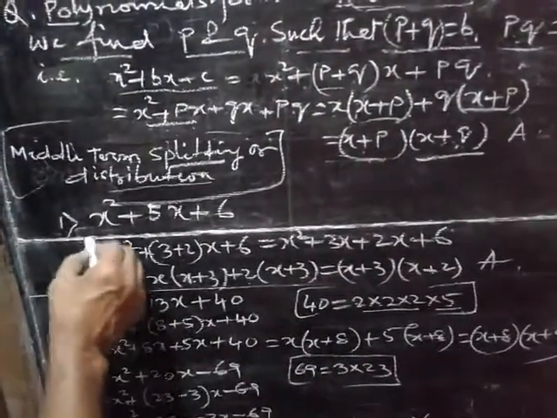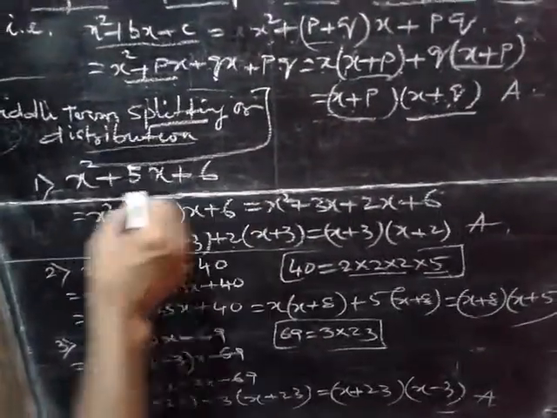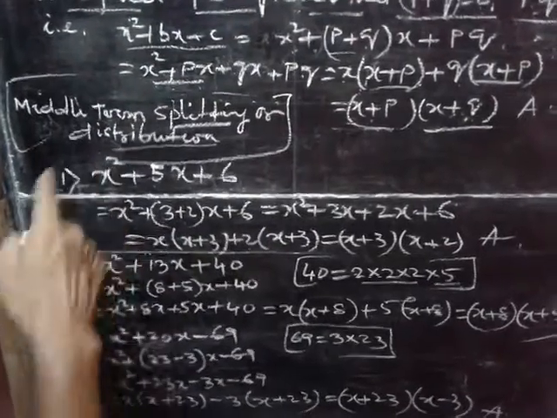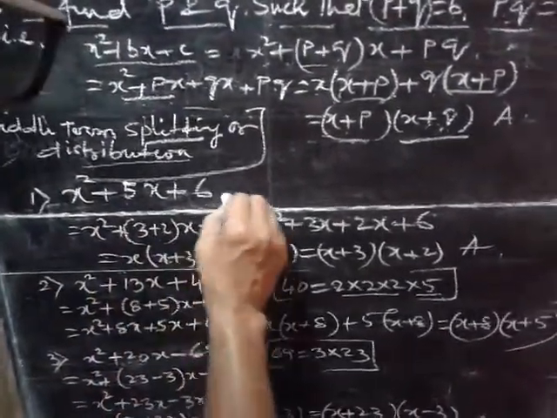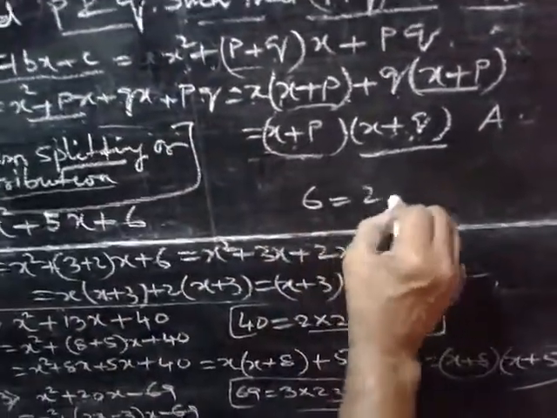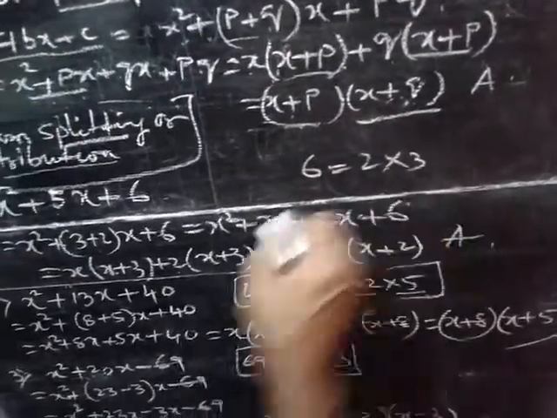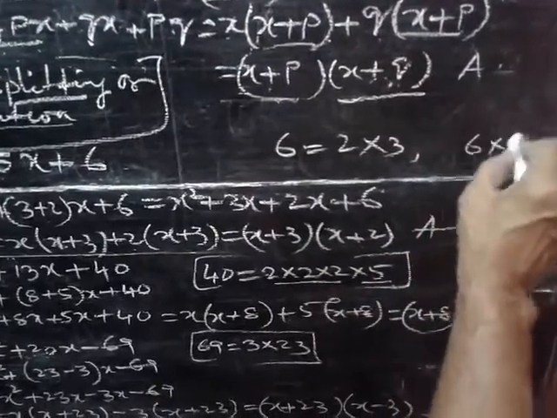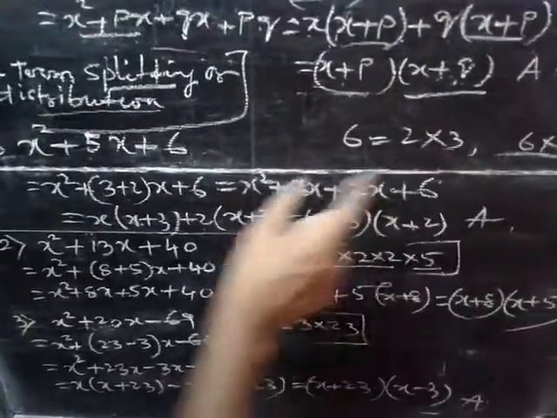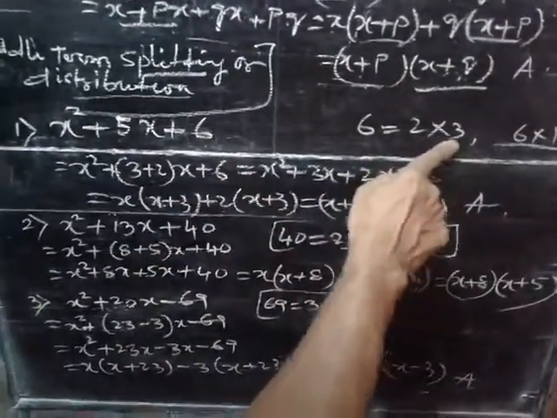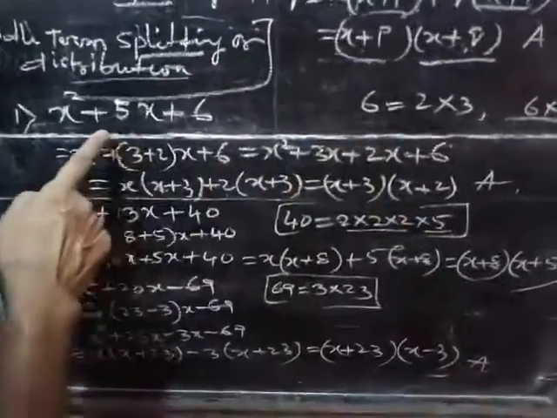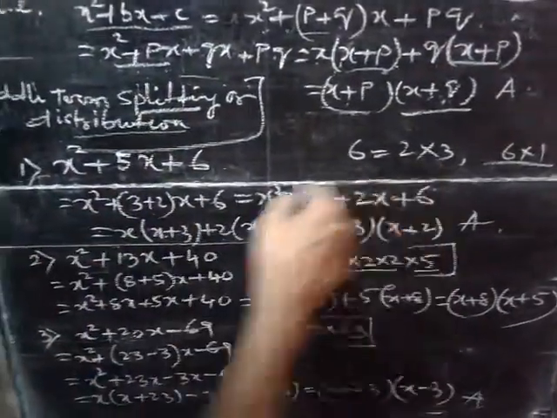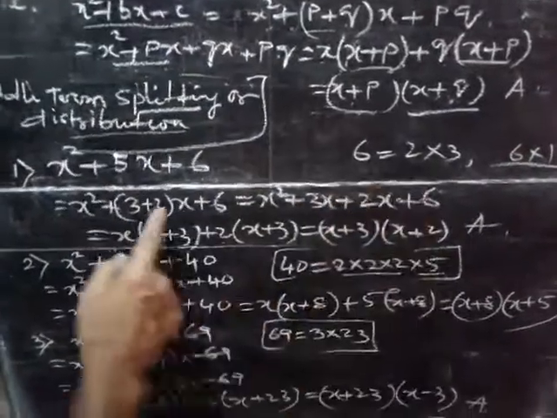See, number one, I have taken x square plus 5x plus 6. This is a quadratic polynomial, no? So we are now splitting 6 as 2 into 3, or it can be split as 6 into 1. Make sure that the sum of these two terms must be the middle term, 5. 2 plus 3 will be 5.